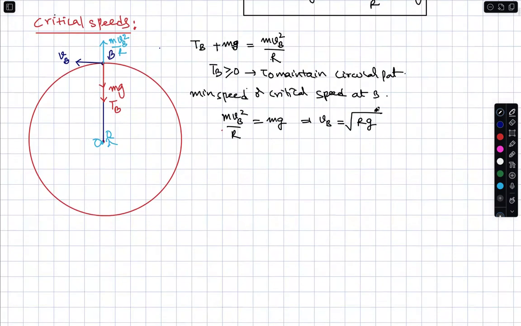Remember, you are supposed to use the same relation even for a circular road. Even for a circular road, you should maintain the same.